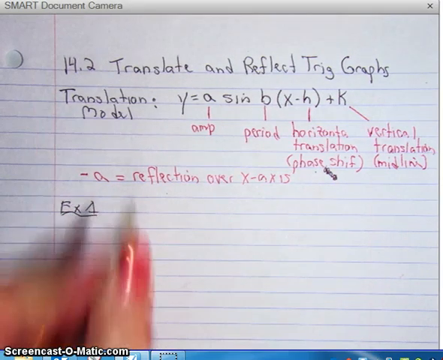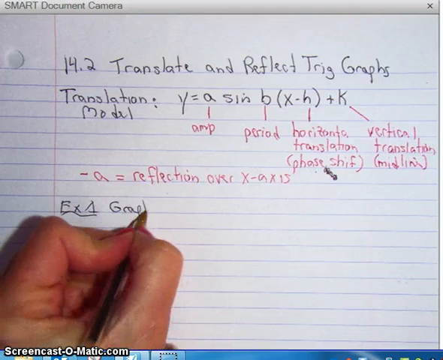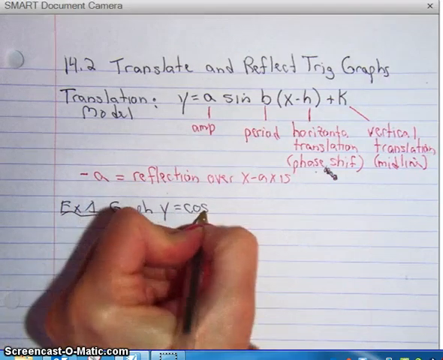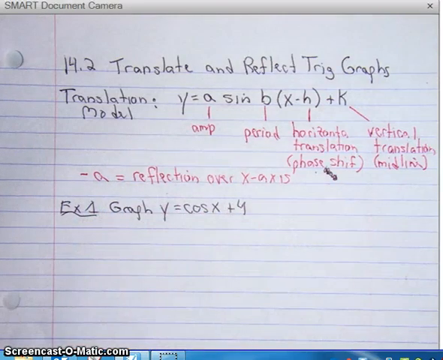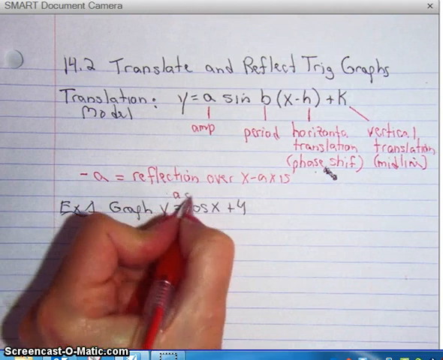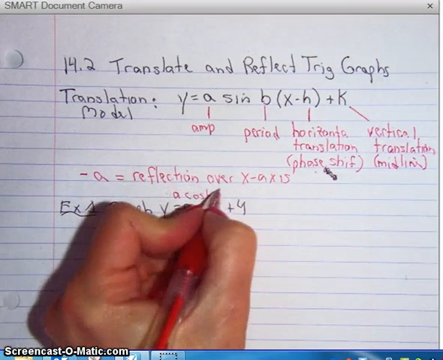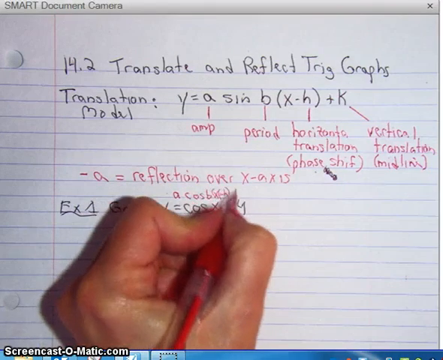Example 1, I have 5 graphs for us. Graph y equals cosine x plus 4. Okay, so we're looking at our model a cosine b(x minus h) plus k.